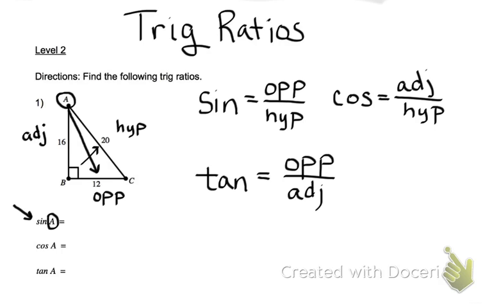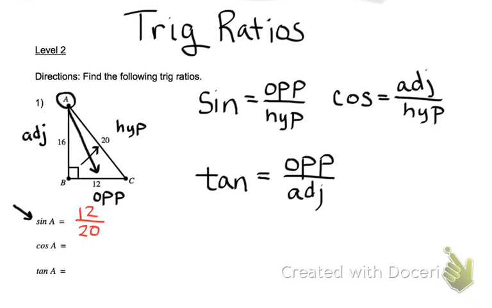Then I'm just going to follow what I have written to the right. I'm going to start with sine of angle A, and sine stands for opposite over the hypotenuse. So my opposite side is 12, and my hypotenuse is 20. Cosine is adjacent over hypotenuse.